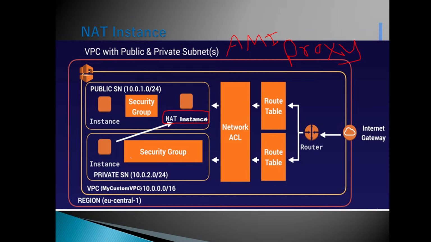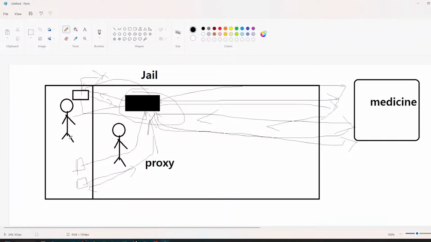Let's say there are multiple EC2 machines in private, hundreds of machines. Just like here, if there is only one prisoner and one security guard, the request can be handled. But if there are 100 prisoners, all of them asking for favors from the security guard, what will happen?